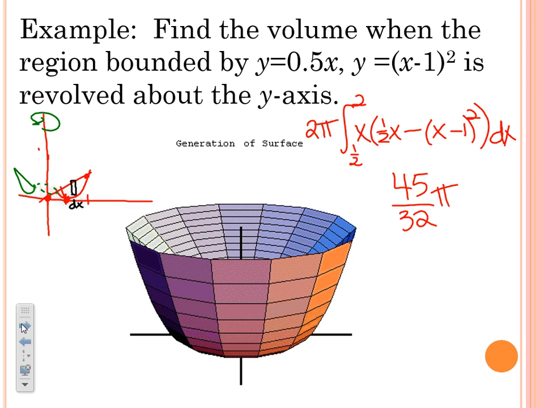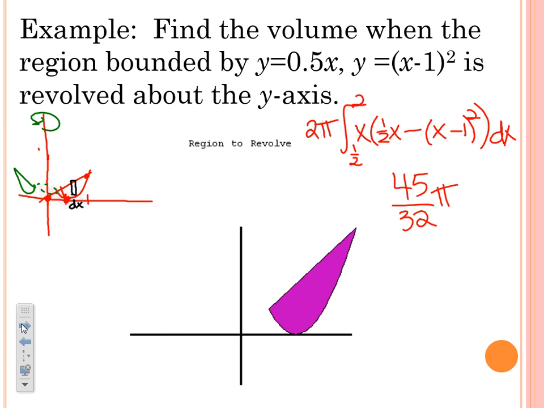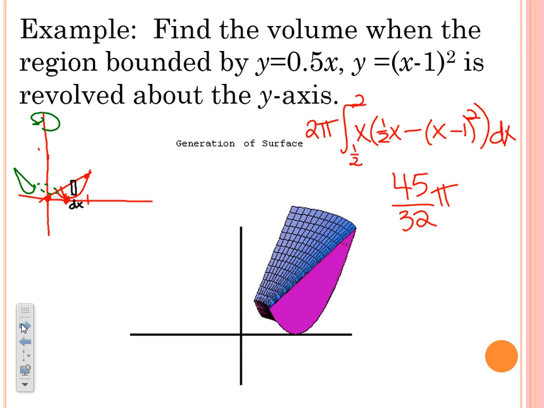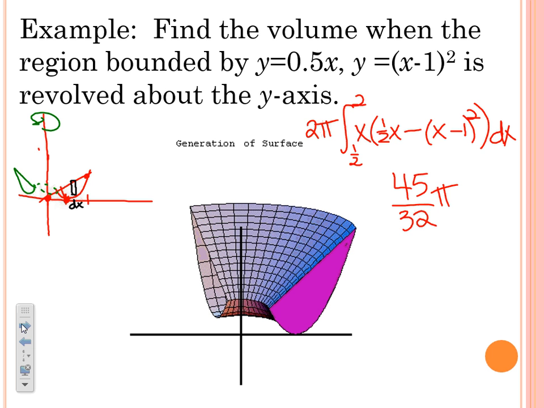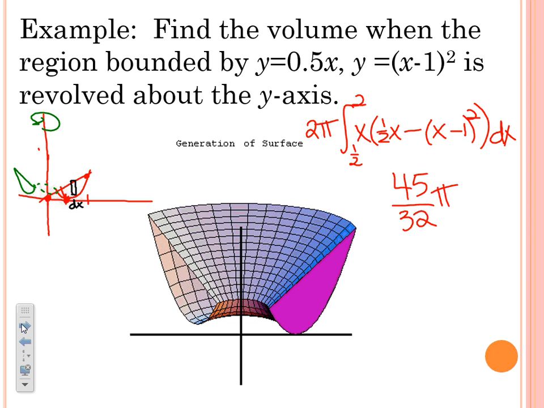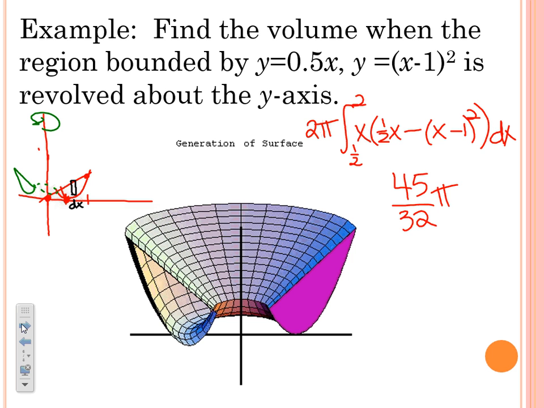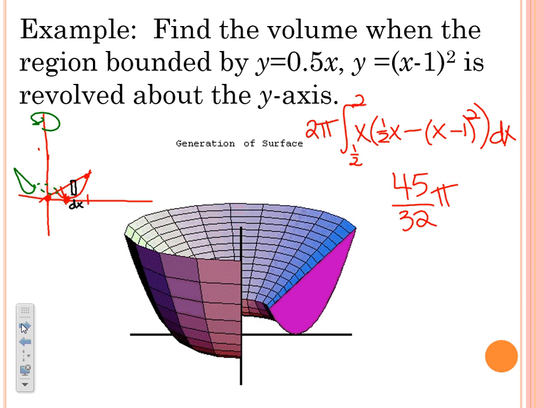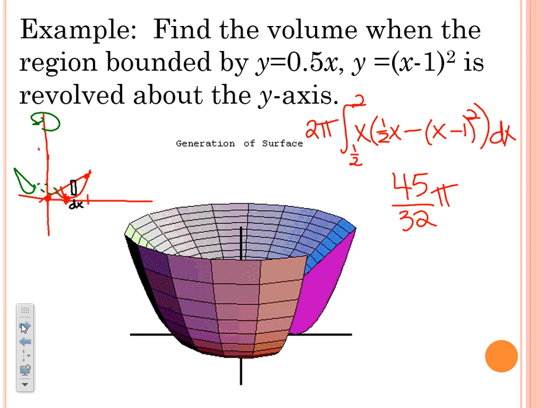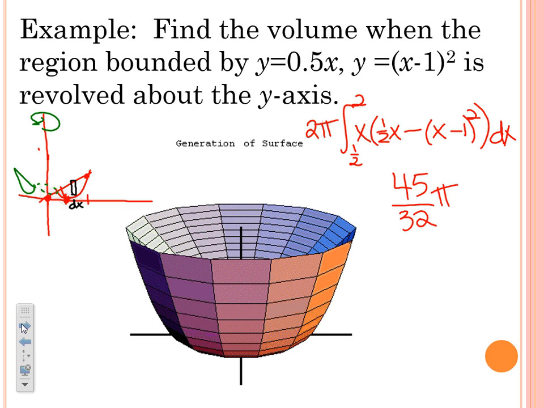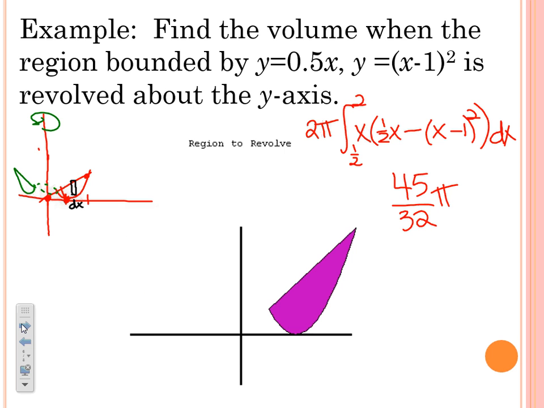Now I want you to look at our picture, which isn't fabulous because I have this giant rotating area here. If we put in horizontal rectangles, how many integrals would we need? Two, because our right function and our left function change.